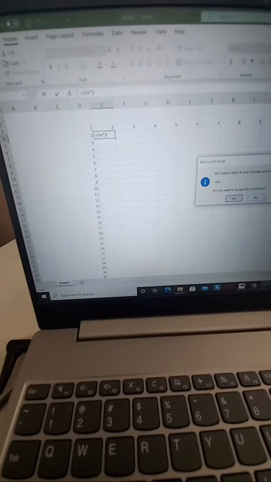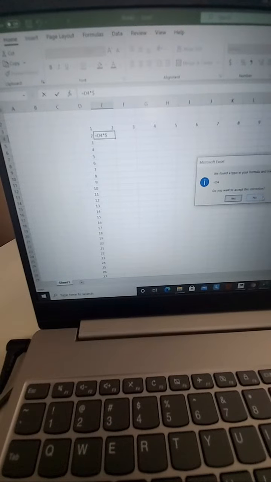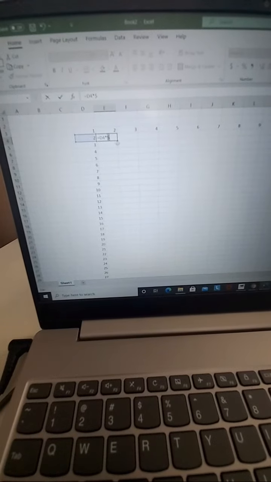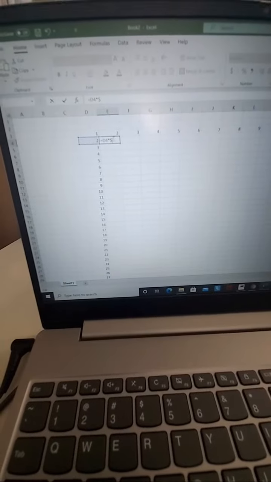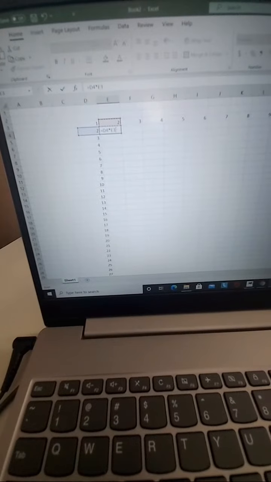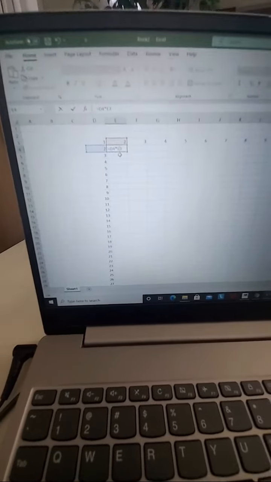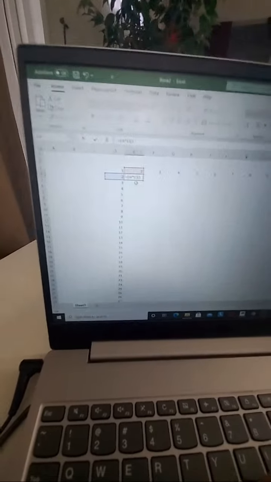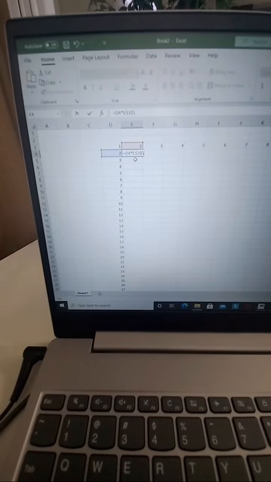Oh, okay. I think you have to put the money signs. It makes it static.